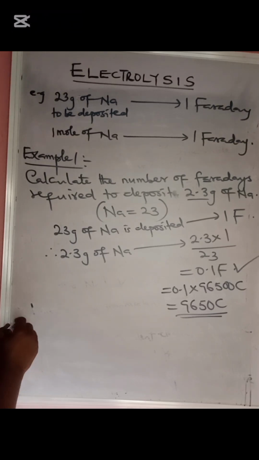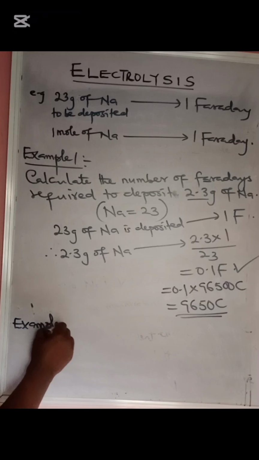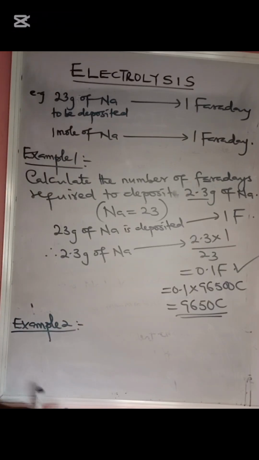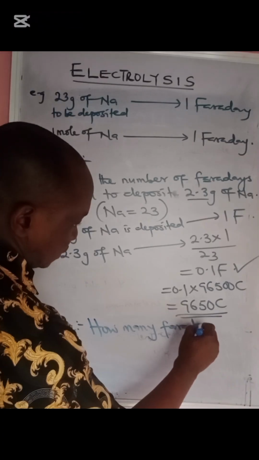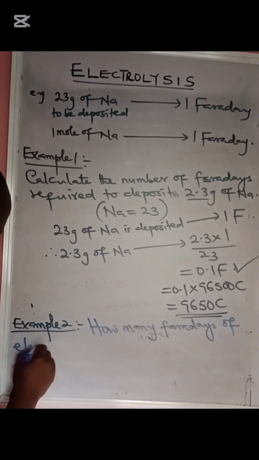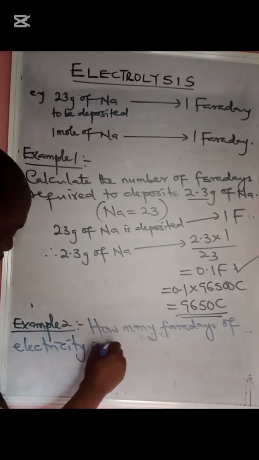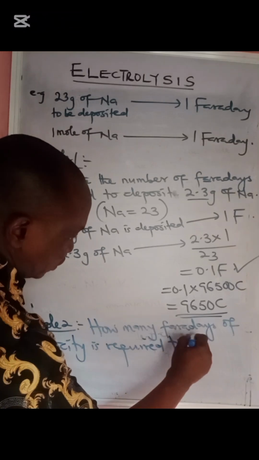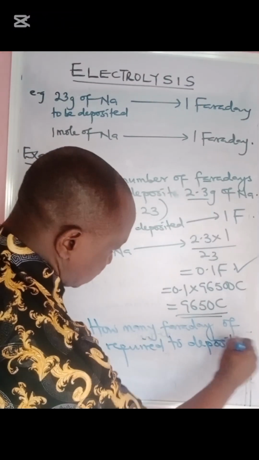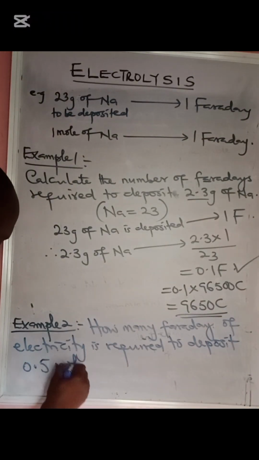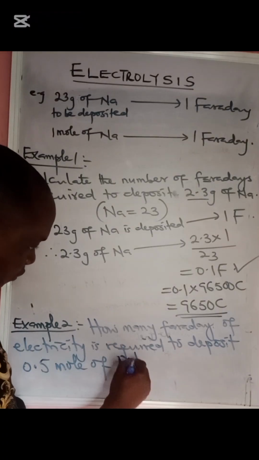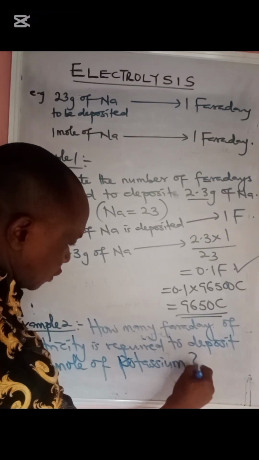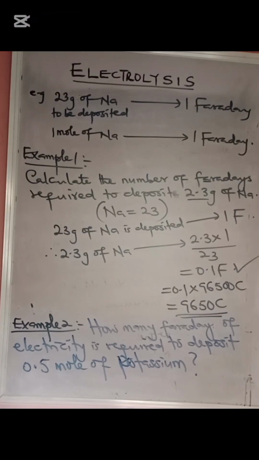That is example 1. Example 2: how many Faradays of electricity are required to deposit 0.5 mole of potassium?